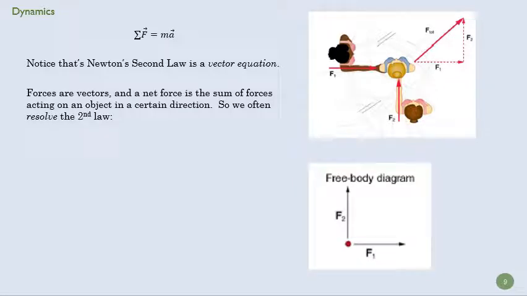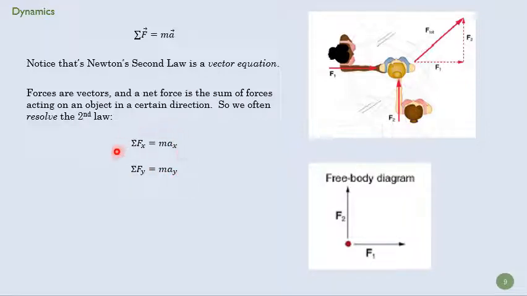So a net force is the sum of forces acting on an object in a certain direction. So we often resolve the second law, just like we resolve the components of any vector, into the sum of the force vectors in the x direction is equal to the acceleration in the x direction. And the sum of the forces in the y direction is equal to the acceleration in the y direction.